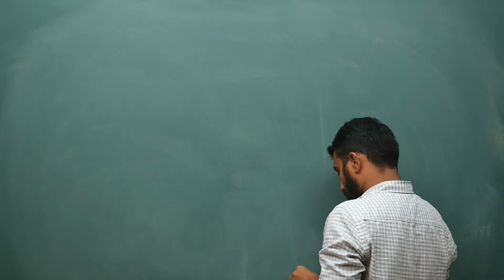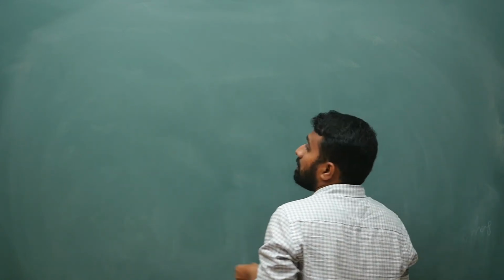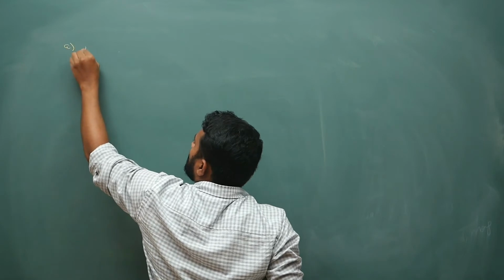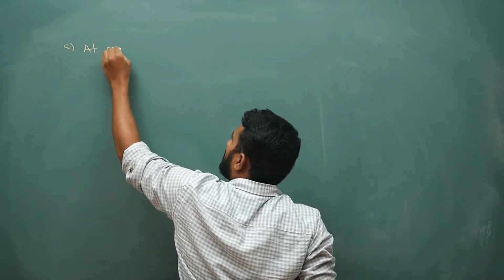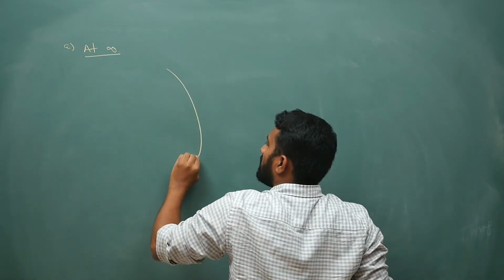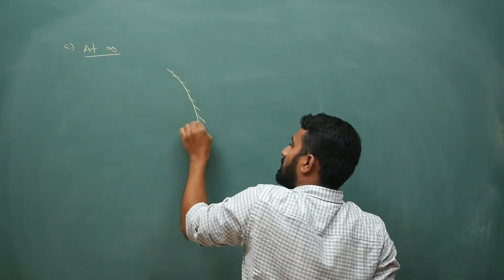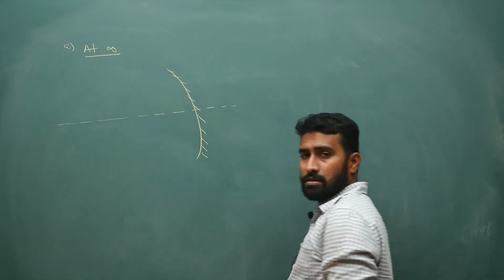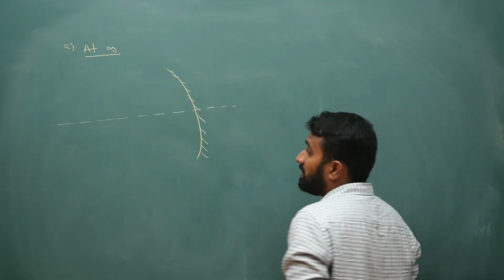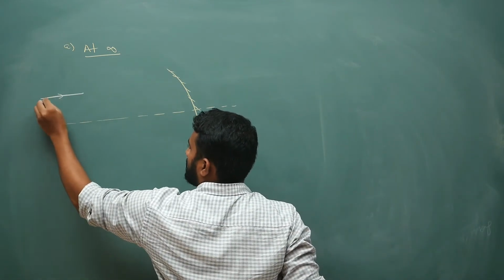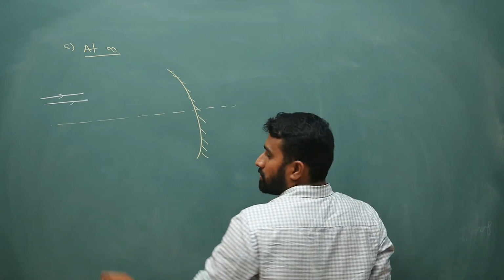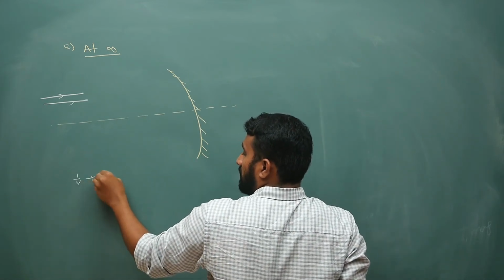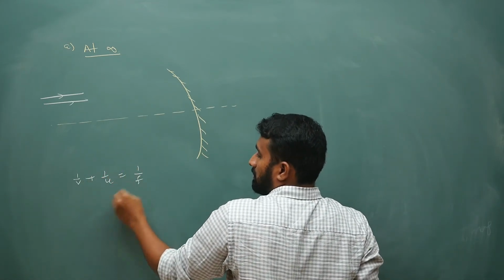First case in the table that you are going to fill is when the object is at infinity. So that means your object is at infinity, and from infinity rays are coming like this. Do the calculation first: 1 by v plus 1 by u is equal to 1 by f.